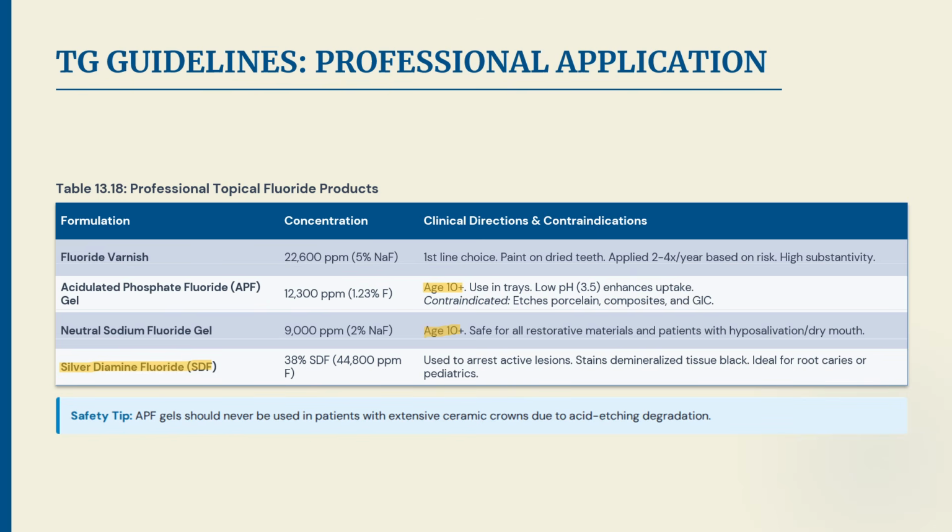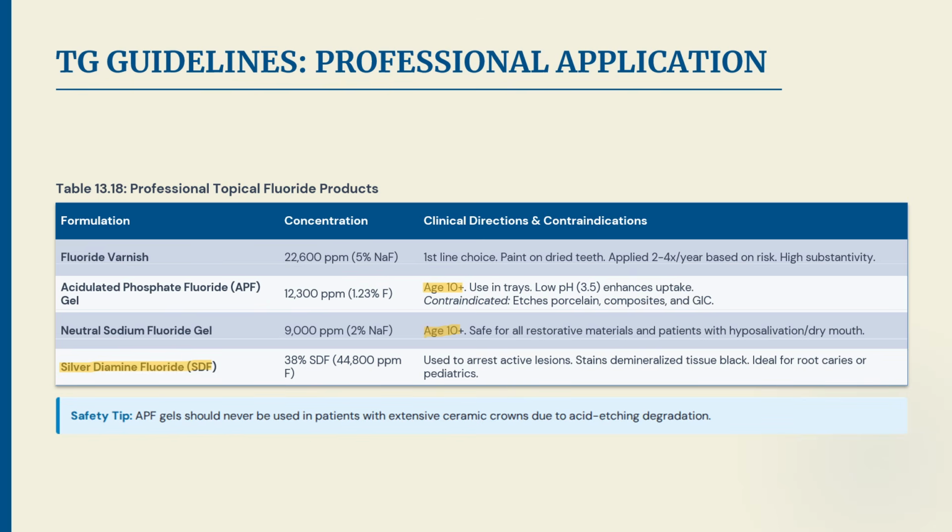Now there is an age consideration here. Always use it in patients who are over 10 years. It is used in a tray and it's got low pH. And again, another thing you have to remember is because this is acidulated and low pH, you do not want to use it on restorations which are shiny, like porcelain, composites, or GIC restorations.